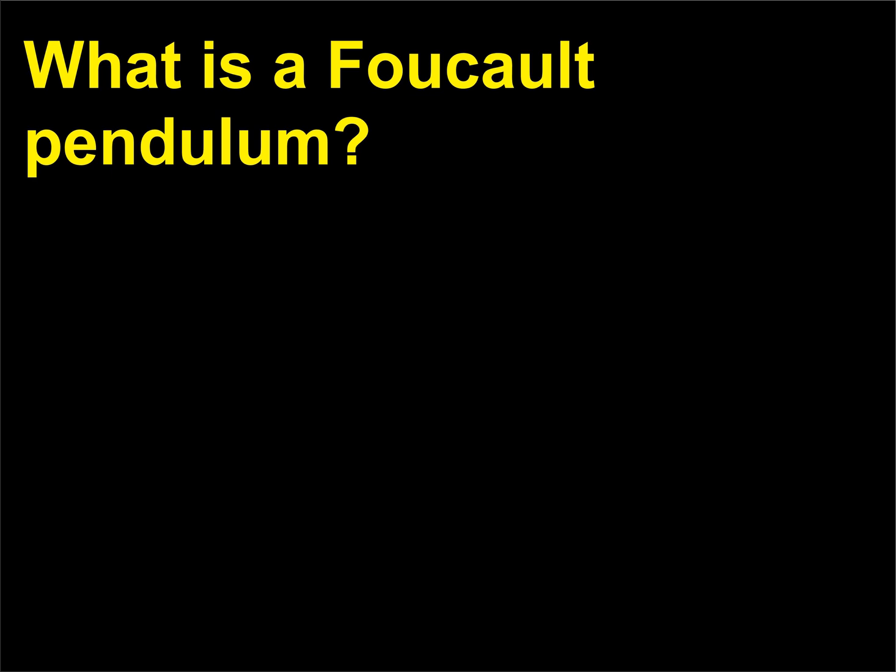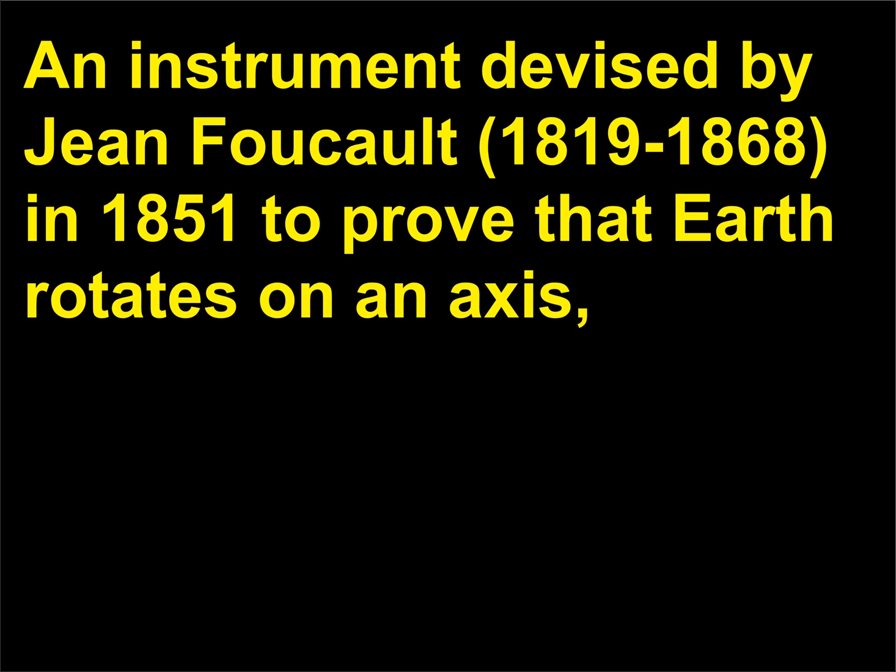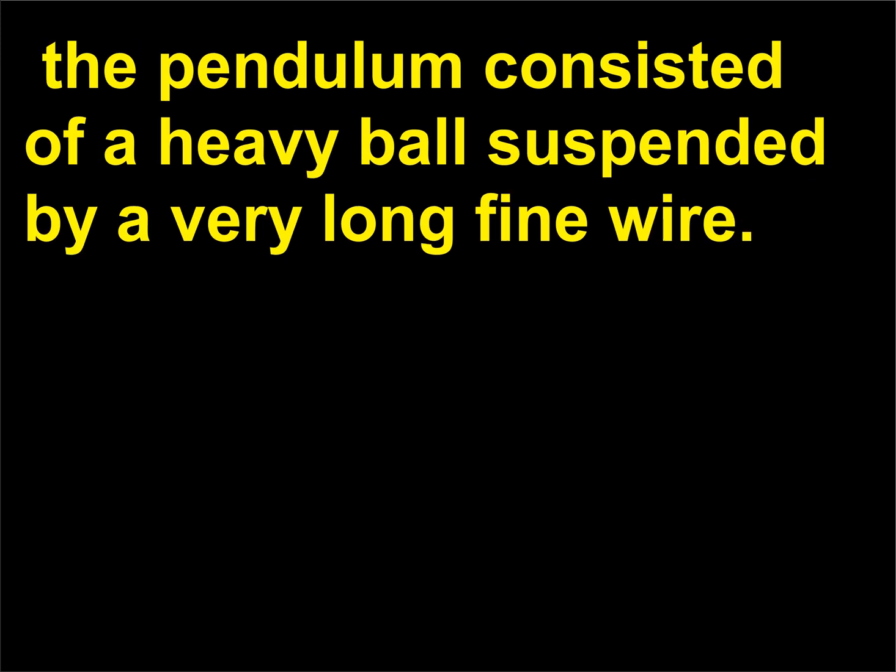What is a Foucault pendulum? An instrument devised by Jean Foucault, 1819 to 1868, in 1851 to prove that Earth rotates on an axis. The pendulum consisted of a heavy ball suspended by a very long fine wire.